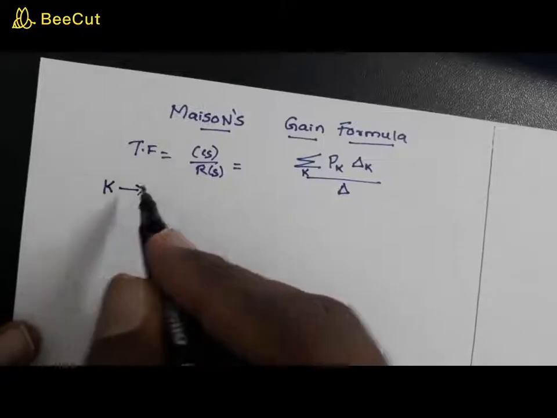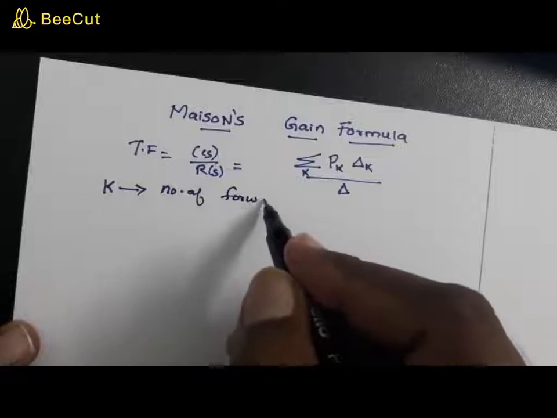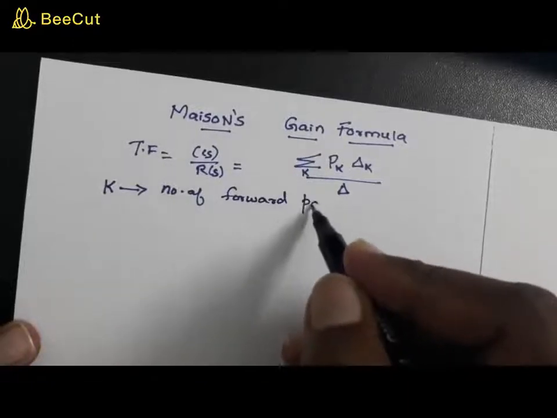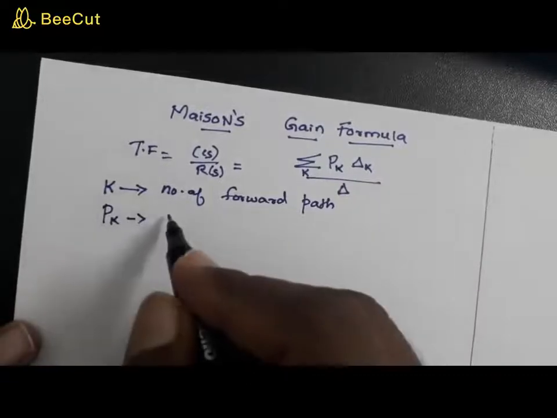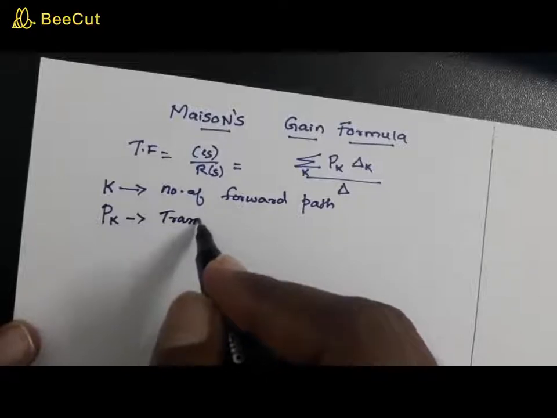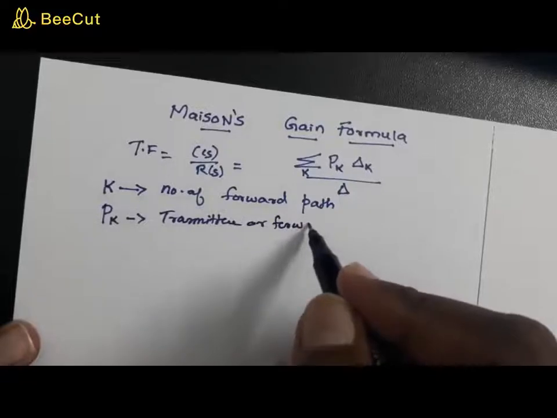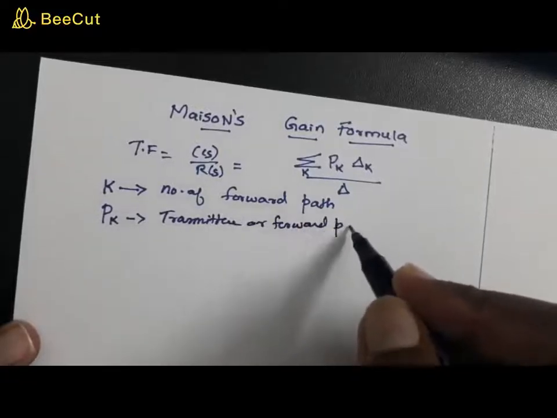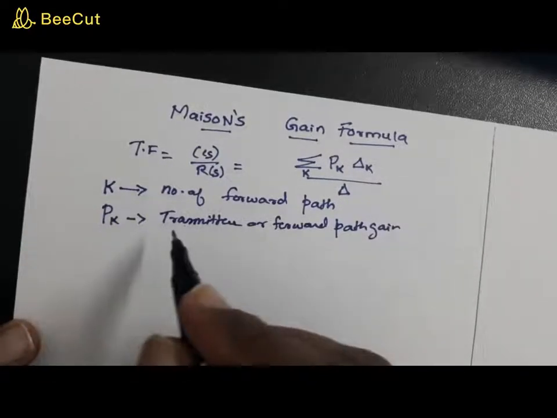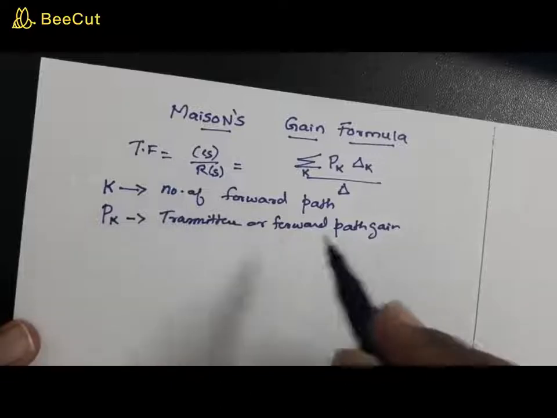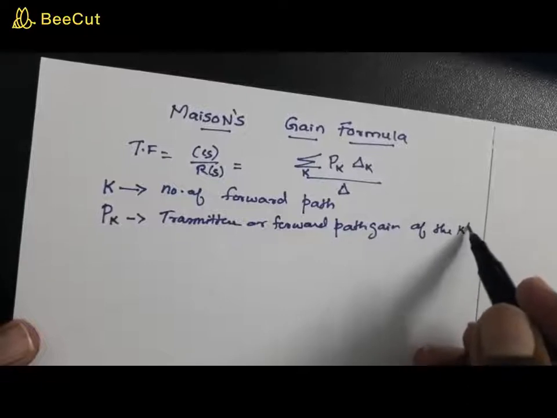where k is the number of forward paths, while Pk is the transmittance or forward path gain. It is also called forward path transmittance, the forward path gain of the kth path.